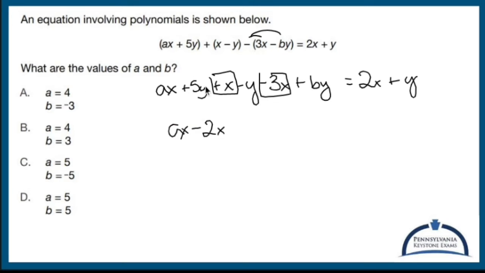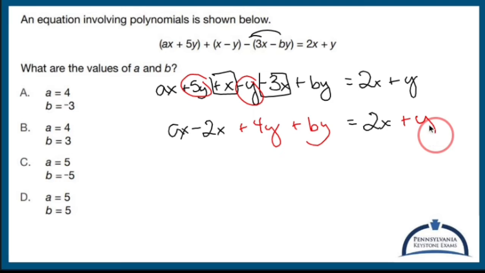We've got 5y minus regular y, which is 4y. And then we've got, let me keep it red, plus by. That's got to equal, now let me bring back my colors, 2x, which I'll keep in black so it looks like my x values, plus a regular y, which I will keep red. So this is how I'm going to view it.